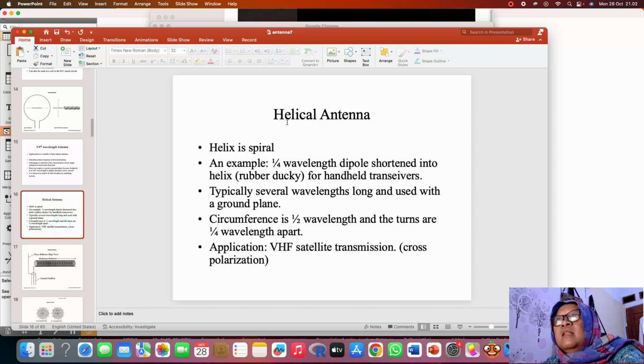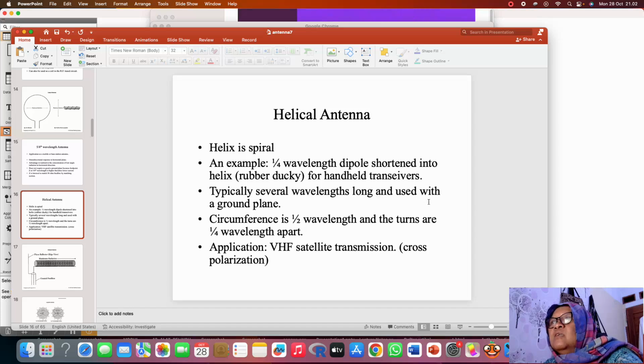And then the helical antenna. Helix is spiral. An example is a 1/4 wavelength dipole shortened into a helix, the rubber ducky for handheld transceivers. Typically several wavelengths long and used with a ground plane.